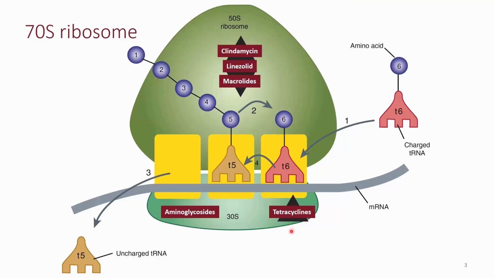Other antibiotics that are important are also tetracyclines and aminoglycosides, which will bind to the 30S subunit and will also inhibit protein synthesis. So as you can see, aminoglycosides and tetracyclines will basically compete for the same site, which is the 30S, whereas clindamycin, linezolid, and macrolides basically compete for the same site in the 50S subunit.